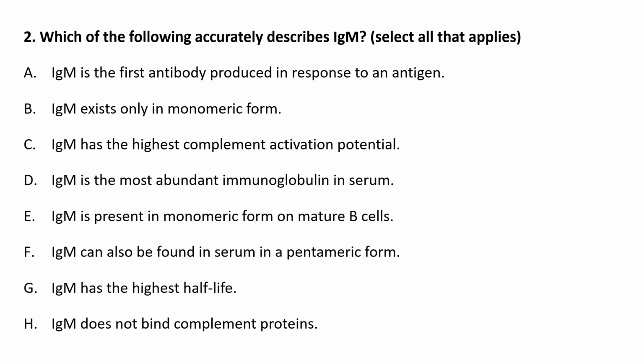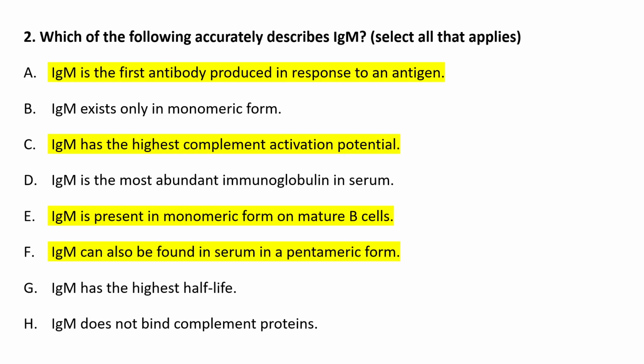The second question was, which of the following accurately describes IgM? So we have seen the properties of IgM, that it is the first antibody produced in response to an antigen. It exists only in the monomeric form? No, it is a pentameric form. IgM has the highest complement activation potential.